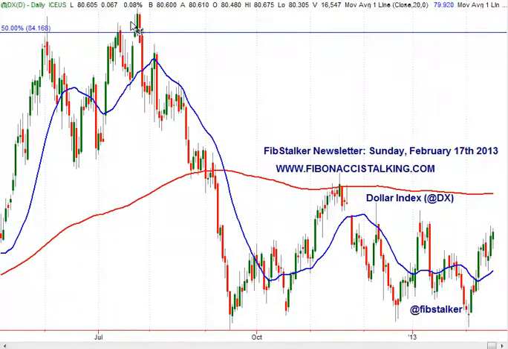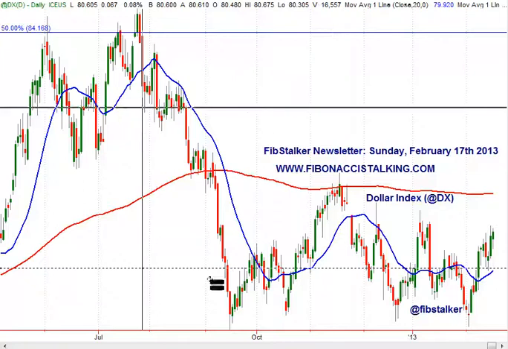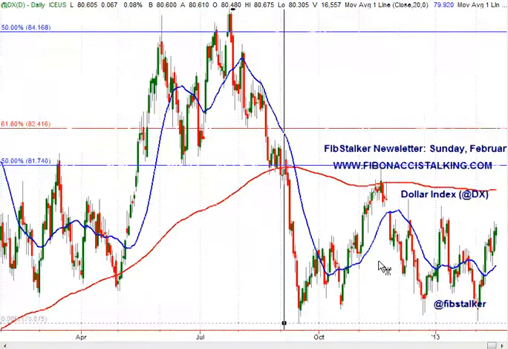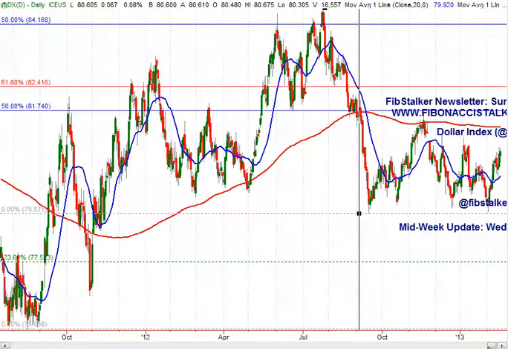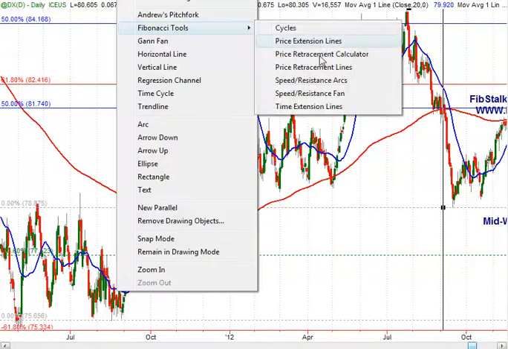that brought the euro up, and in November we also saw another move lower, and that's again because there is short participation in the dollar index at these levels in the 81.80 area, and we saw price moving lower. On the other side, we also have to notice that we have participation on the long side on the longer time frame.